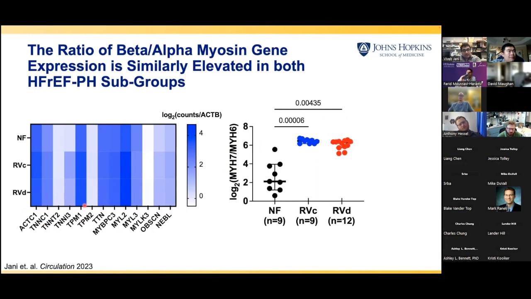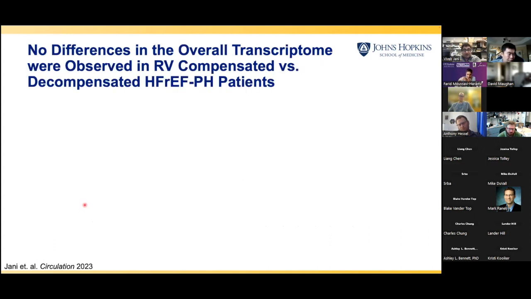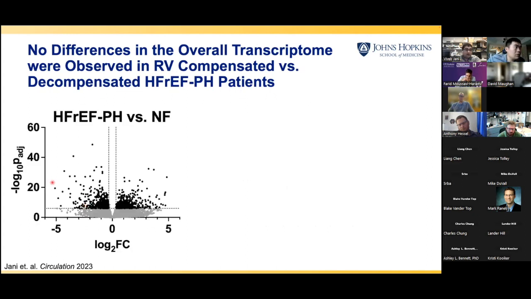But RNA-seq gives you a lot of information besides just sarcomere gene expression. And so we decided to look at everything, which we can do. So here's a volcano plot looking at HFrEF PH patients compared to non-failing control patients. On the y-axis, you see the log 10 of the p adjusted, and on the x-axis, you see the log 2 fold change, and our cutoffs for significance are shown by these dashed lines.